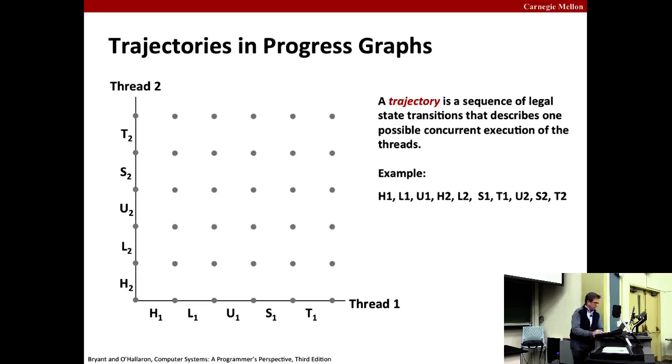For example, H1, L1, U1, H2, L2, S1, T1, U2, S2, and T2. That's a feasible trajectory, and it represents one possible execution, or one set of interleavings, for this program.